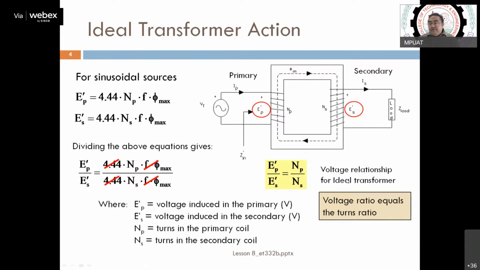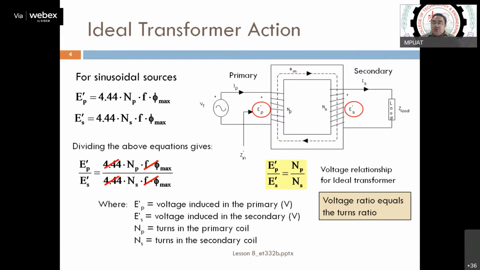Okay, so this is the voltage relationship for an ideal transformer. That is, the induced EMFs so produced are directly proportional to their turns ratio. That is, EP dash upon ES dash is nothing but NP upon NS, where NP is the number of turns in the primary coil or primary winding, and NS is the number of turns in the secondary coil or secondary winding.